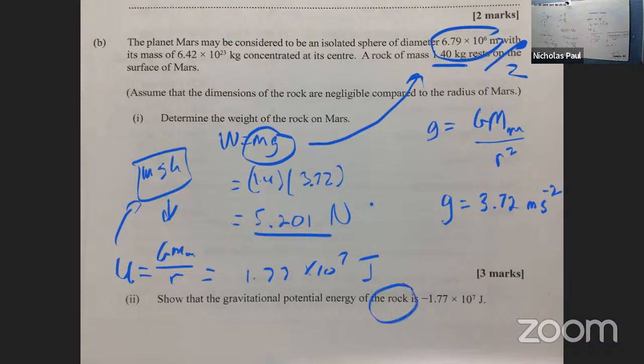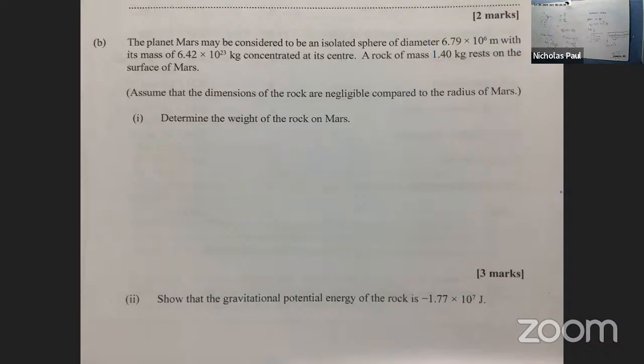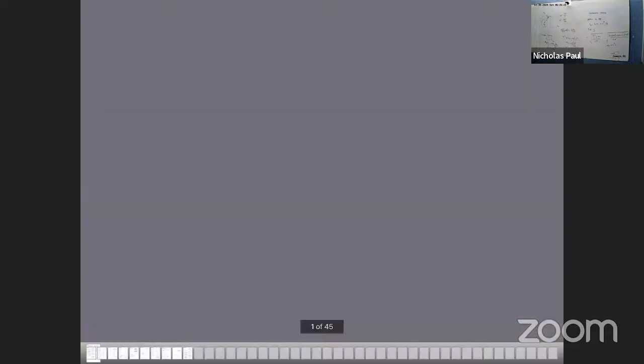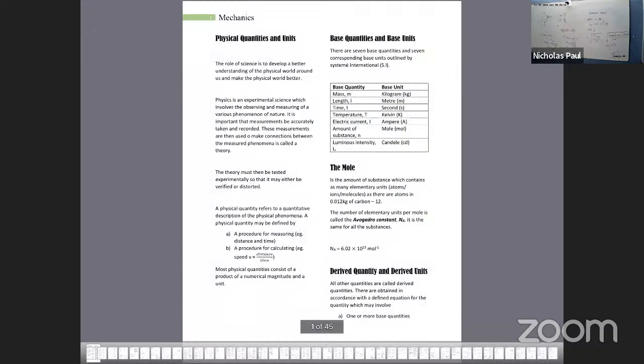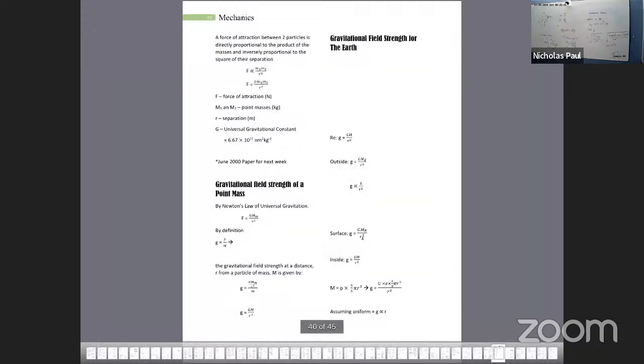So you find the weight of the rock. So I get minus. So that is the relationship. It's only positive? No, it's minus.